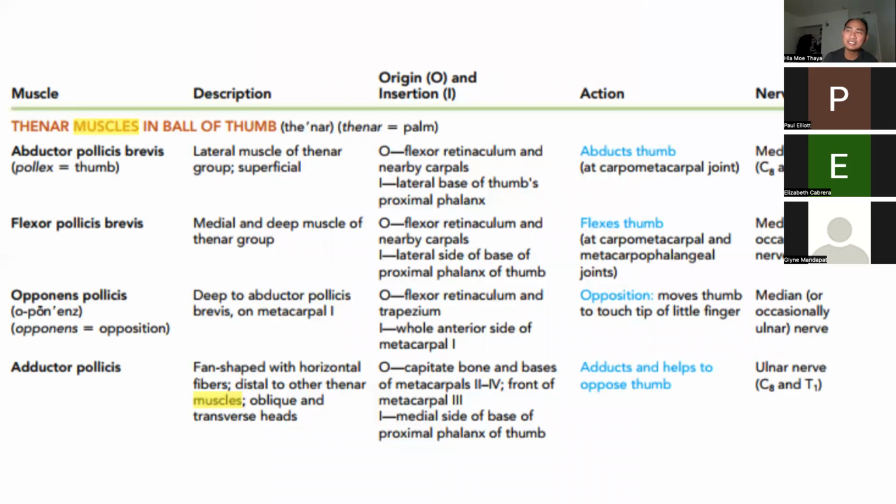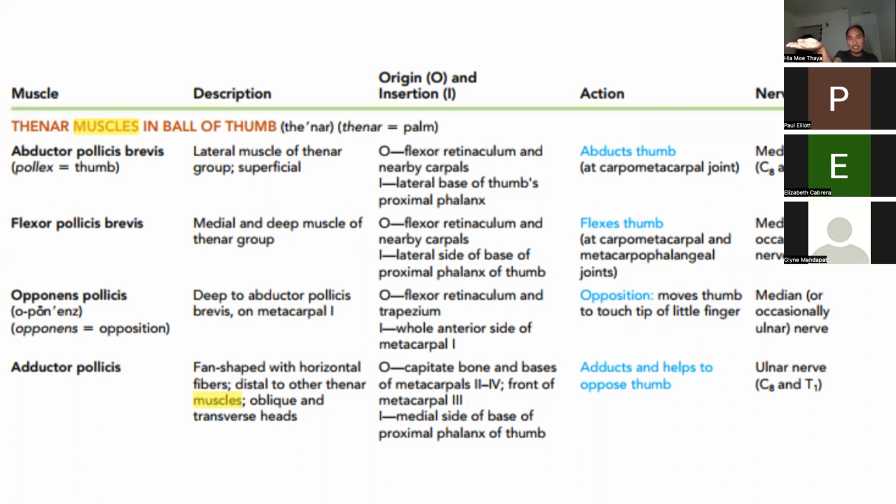The thenar muscle group: abductor pollicis brevis, flexor pollicis brevis, adductor pollicis, and opponens pollicis. So everything is pollicis. Of course, pollicis means thumb. Therefore, all these muscles will go to the thumb.